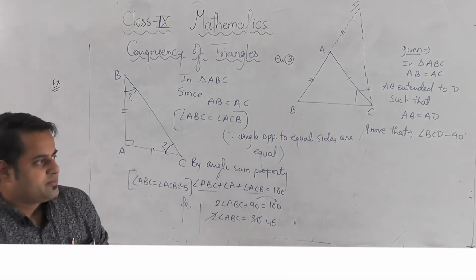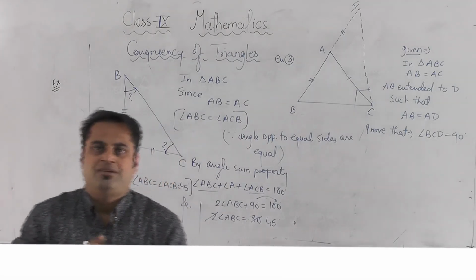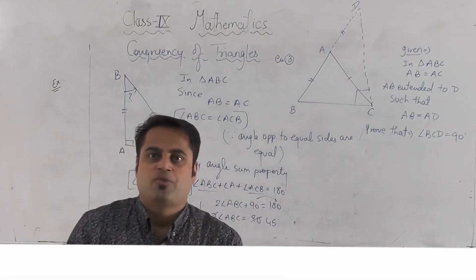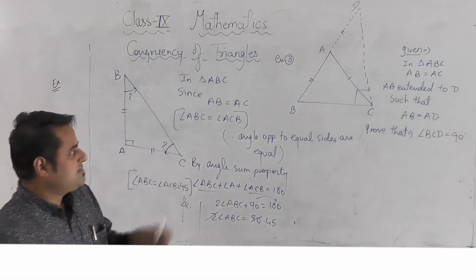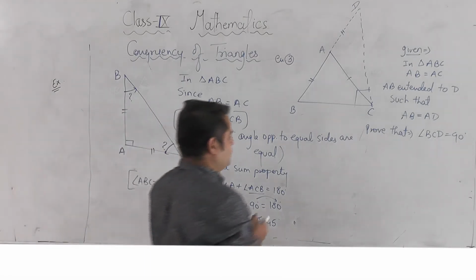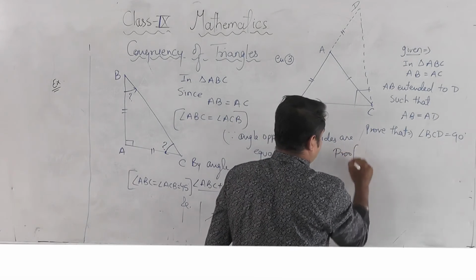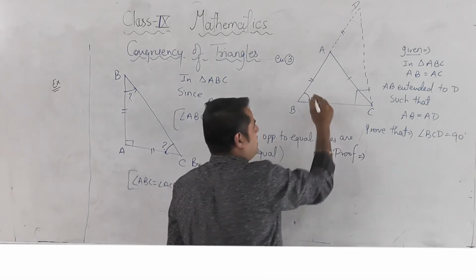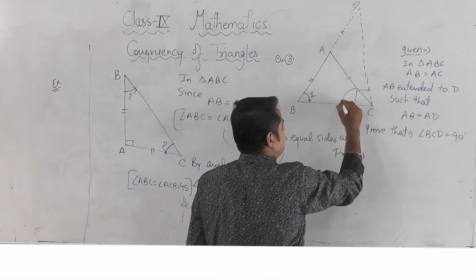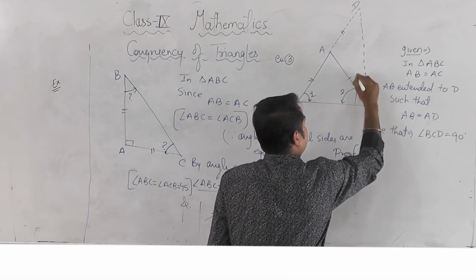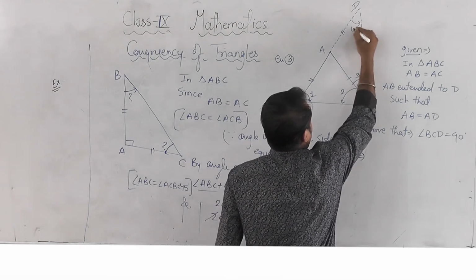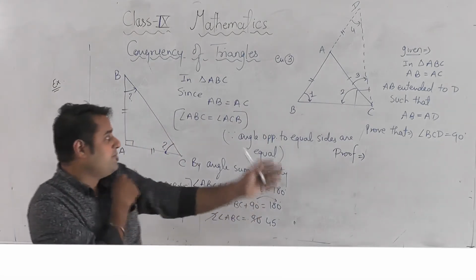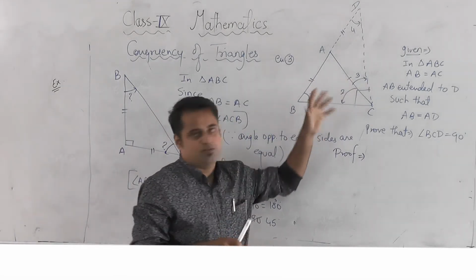If you understand by reading this question, the isosceles triangle property needs to be applied. So let's see that. In the proof, to make it easy, we are numbering the angles: this is angle 1, this I am giving angle 2, this angle 3, and this angle 4. I am naming the opposite angles of the sides which are equal to each other.